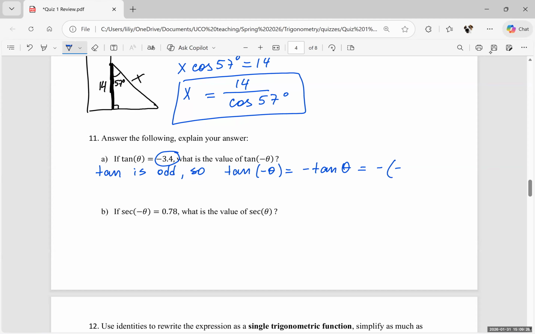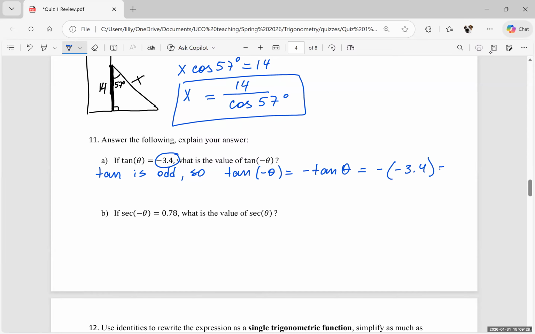So negative and then negative 3.4. So it's just 3.4. Secant is even because secant is 1 over cosine. So secant of negative theta is the same as secant of theta, and it's just 0.78.